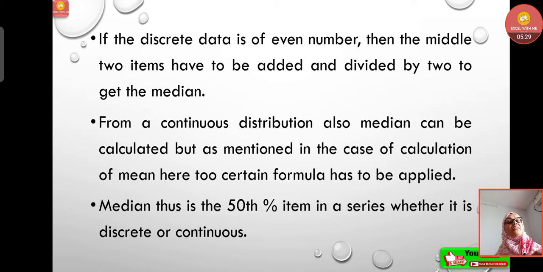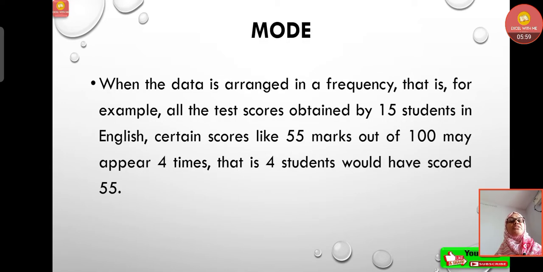If the discrete data is of even number, then the middle two items have to be added and divided by 2 to get the median. From a continuous distribution also the median can be calculated, but as mentioned in the case of calculation of the mean, here certain formulas have to be applied. Median thus is the 50th percent item in a series, whether it is discrete or continuous.